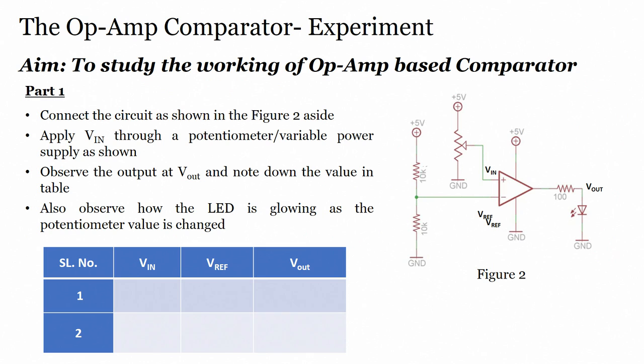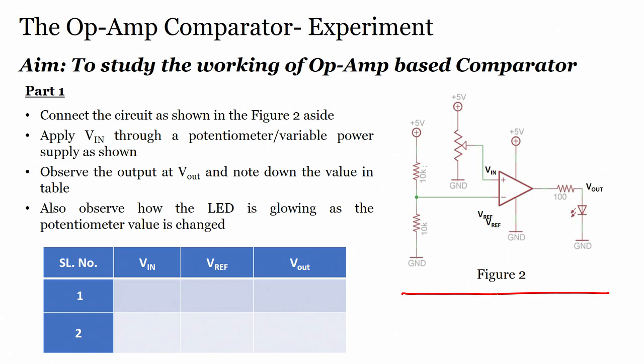Now, if I really want to study the comparator, understand its characteristics or its applications, I have to perform the experiment. Theory is okay, but we have to perform the experiment. You can see the circuit drawn here, which is figure 2.